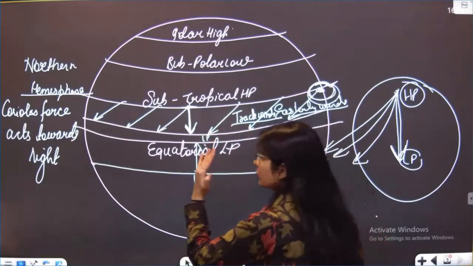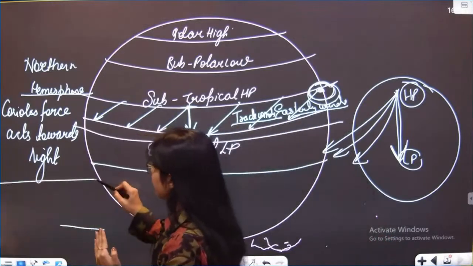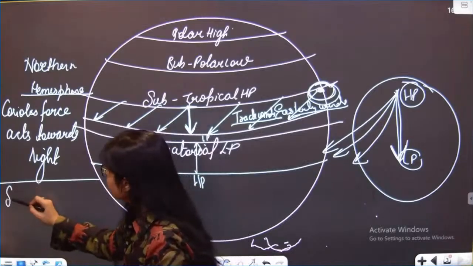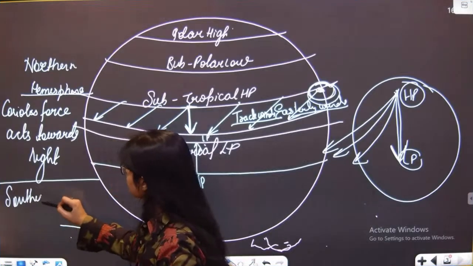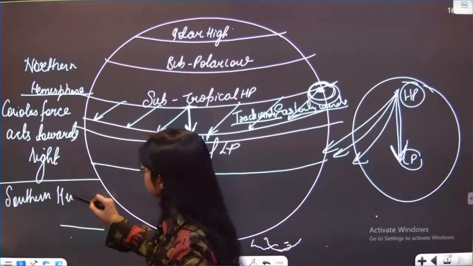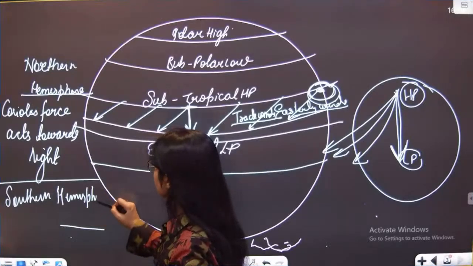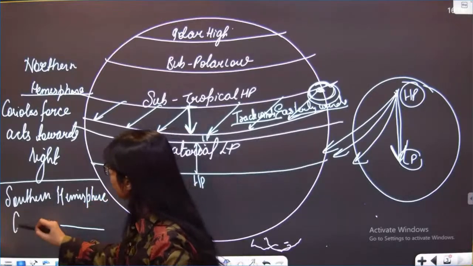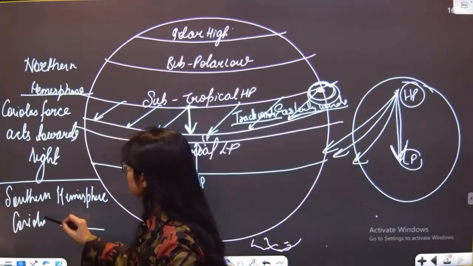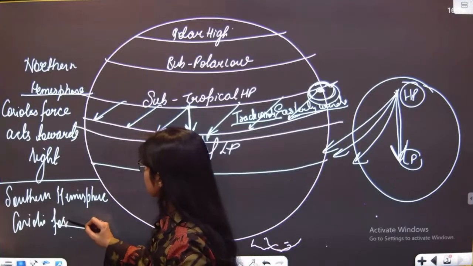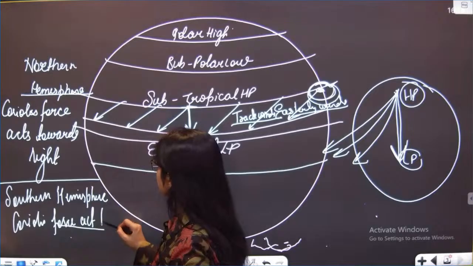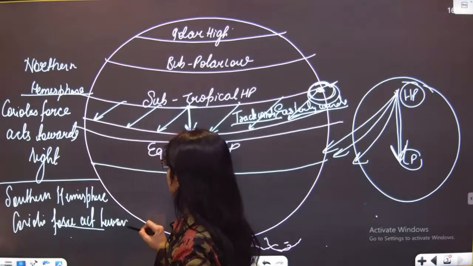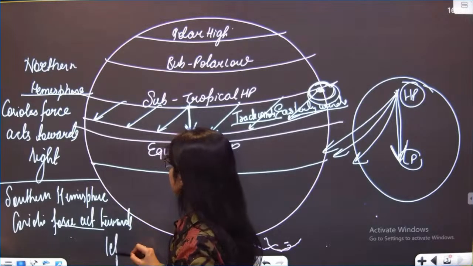And I told you that in northern and southern hemisphere there is one difference. In southern hemisphere, the Coriolis force acts towards left. They deflect the winds towards left.